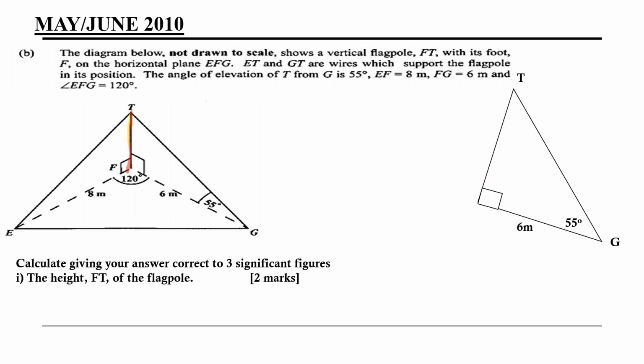Now we're being asked to find FT. So here is F. Okay, so we're dealing with a right angle triangle, and the only two rules we can use are the trig ratio and Pythagoras theorem.